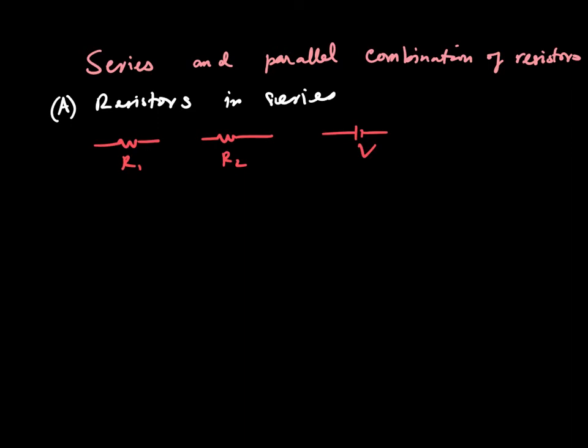So let's look at the series combination first. In the series combination, the two resistors will be joined end to end and then connected directly to the voltage source.